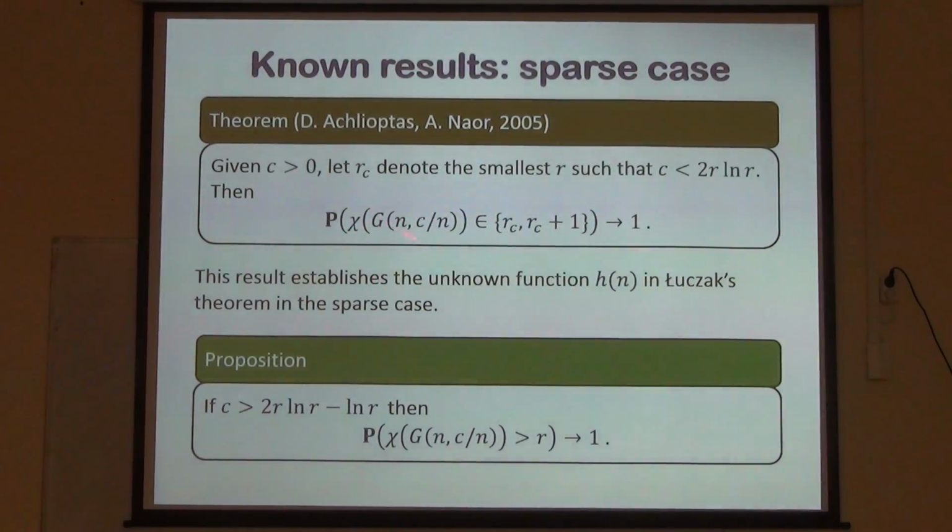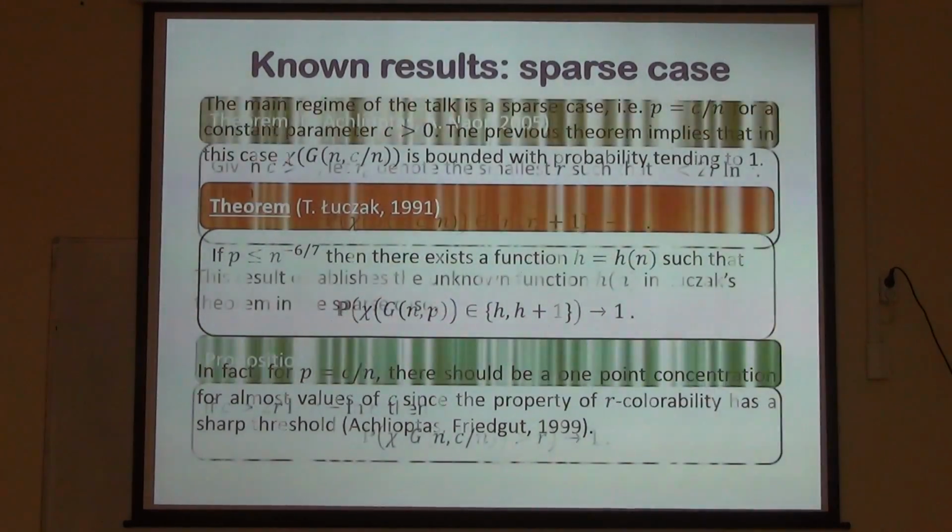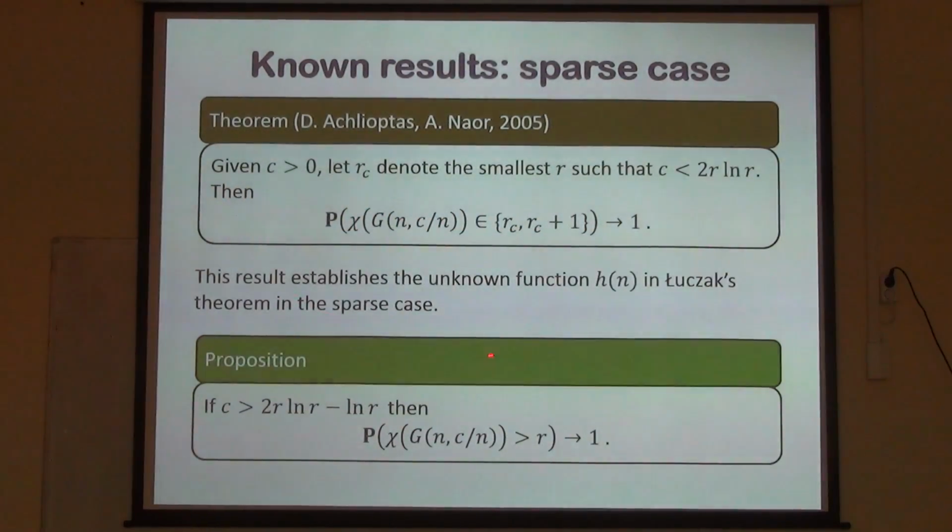Then the chromatic number of our sparse random graph is between r_c and r_c plus 1. So we know this function h of n for every c. But in fact, as I said before, there should be one-point concentration, so we should choose r_c or r_c plus 1 for almost all values of c.